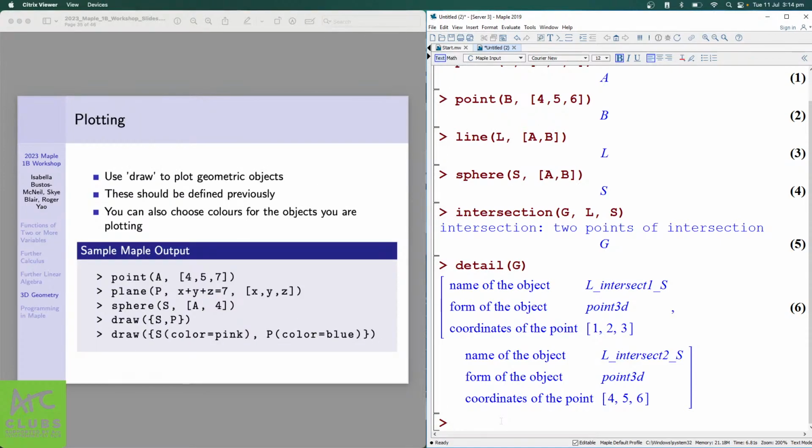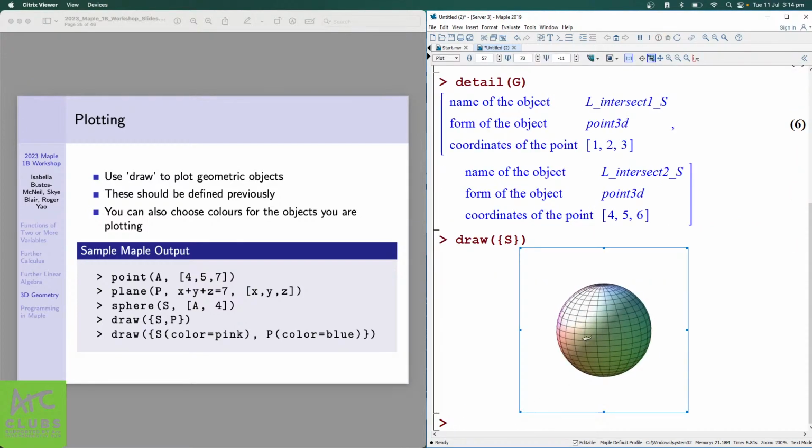Now, another really nice application of Geom3D is that we can plot geometric objects. So let's plot, and we can even choose colors for the objects that we're plotting. So to plot things, we use the command draw. So we're going to draw this, and let's draw just S. Remember, S is the sphere I've created. And it creates a sphere.